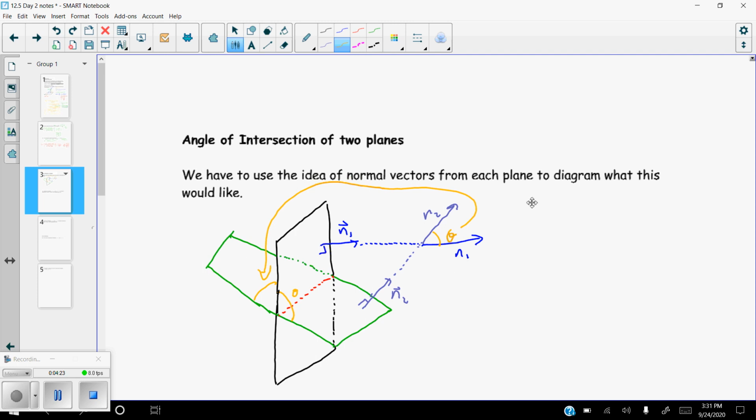So we can write this up and say there is an angle between N1 and N2.